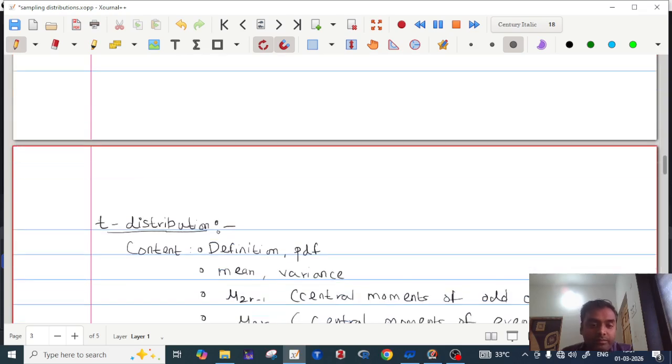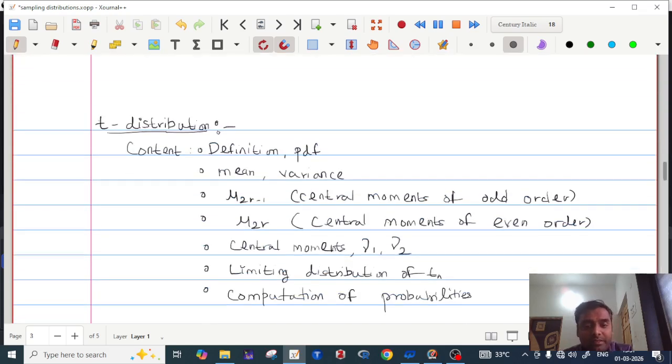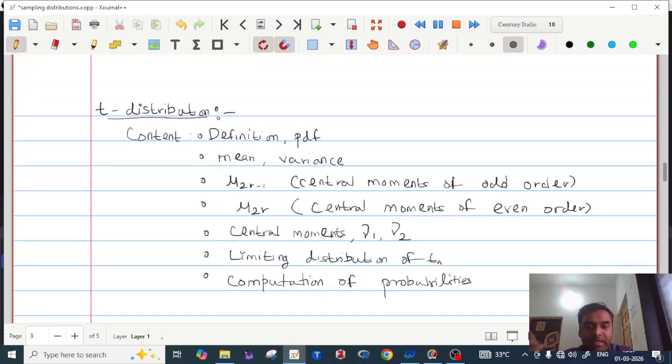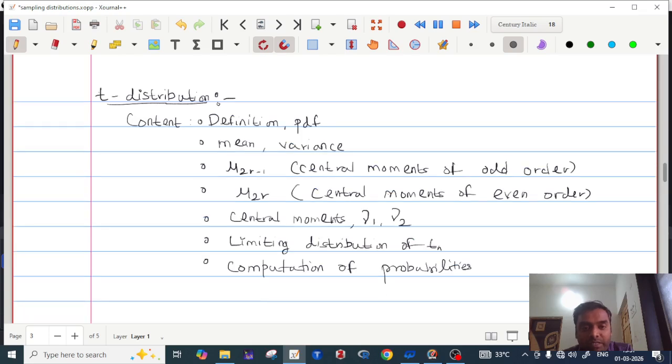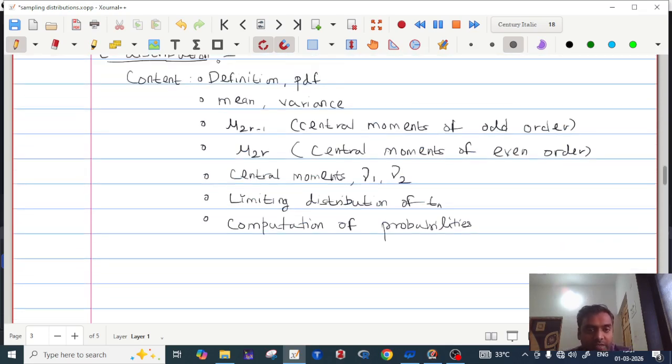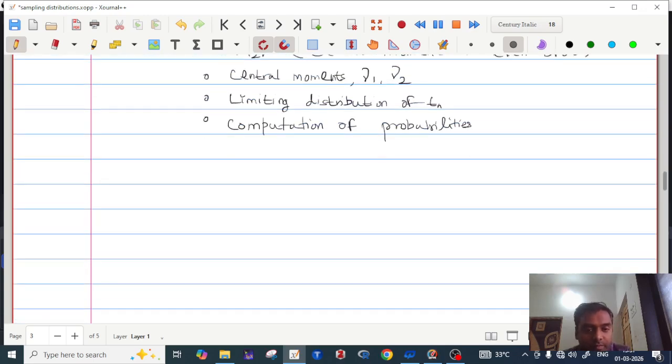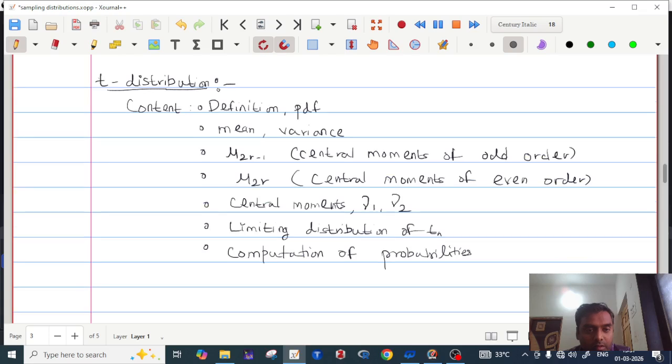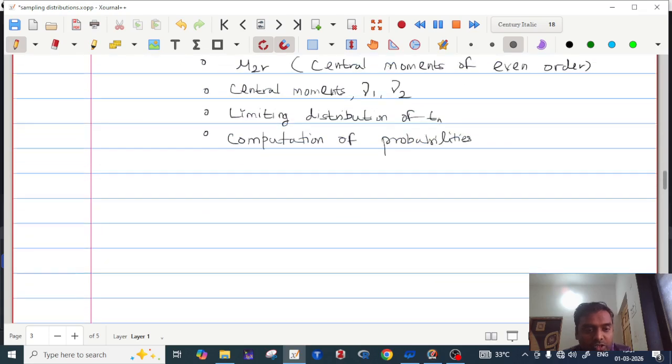Now, similarly to what we have discussed for the chi-square distribution, we will now discuss the theory and some concepts of the t distribution. So let's start. Definition of t distribution.